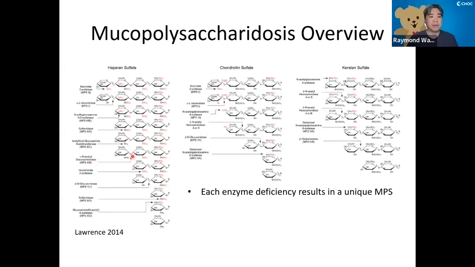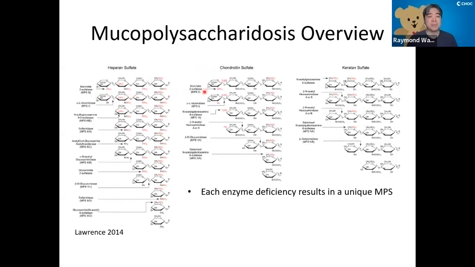And so at any point in time, if you have a deficiency, say in this iduronate, for example, which removes this iduronate, you're going to have a stoppage, and you're not going to be able to break down this chain any further.